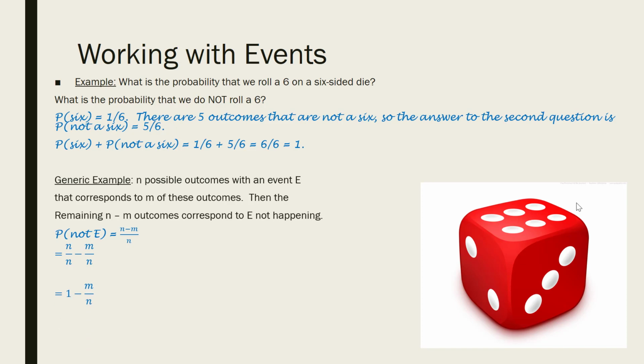And then if we replace M over N with the probability of the event E happening, we would get 1 minus the probability of E. So this is why this is not a coincidence. We can calculate what we call the complementary probability of pretty much anything by subtracting it from 1.